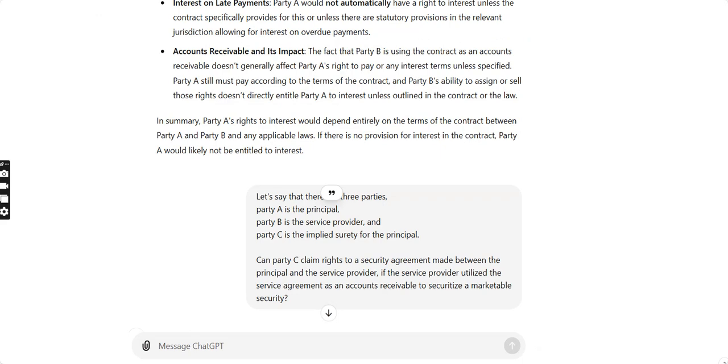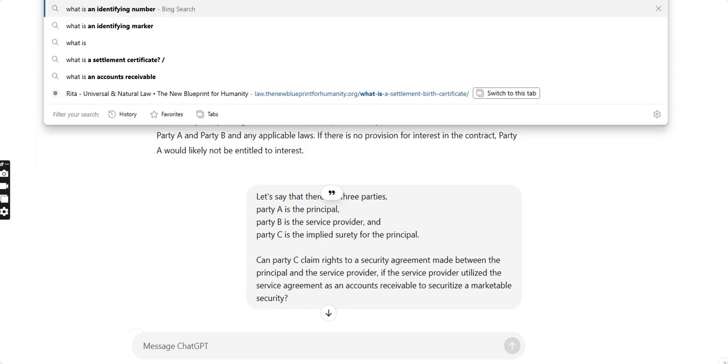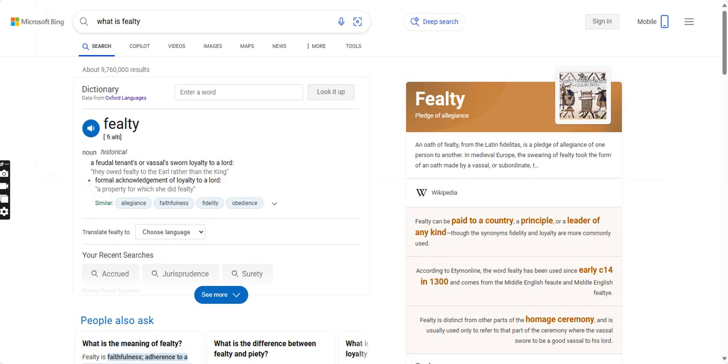Okay, let's see here. Okay, so the feudal tenants or vassals swore loyalty to a lord.